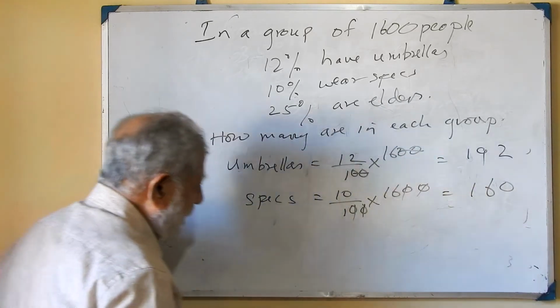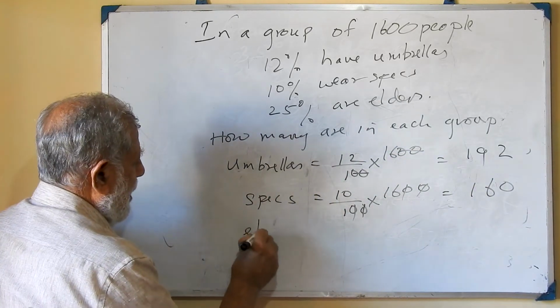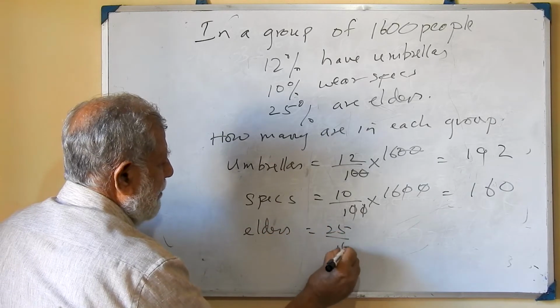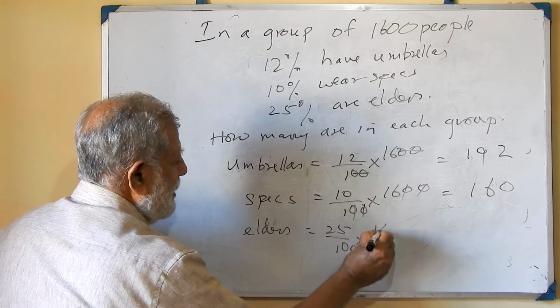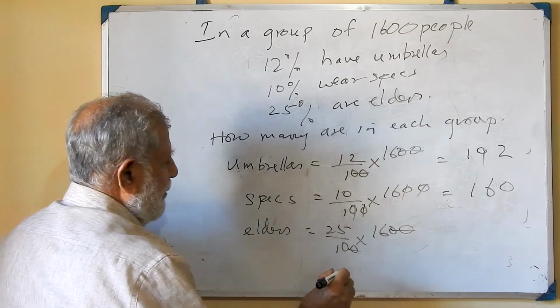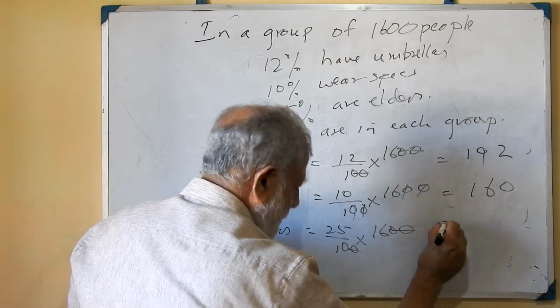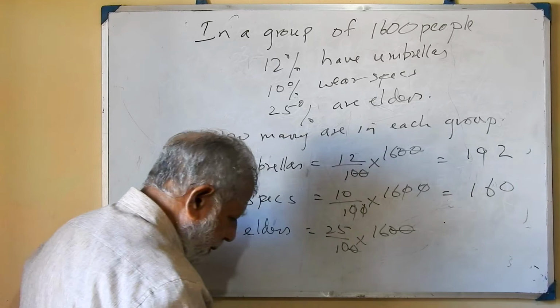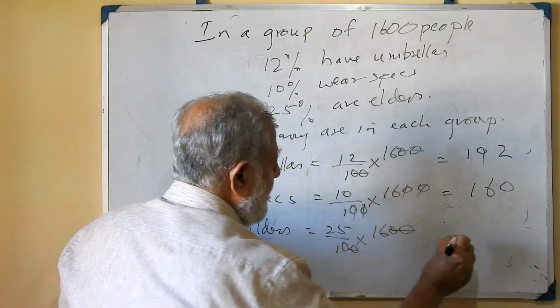And 25% are elders. 25 upon 100 into 1600. 0, 0. So 25 into 16. That will come to 400.